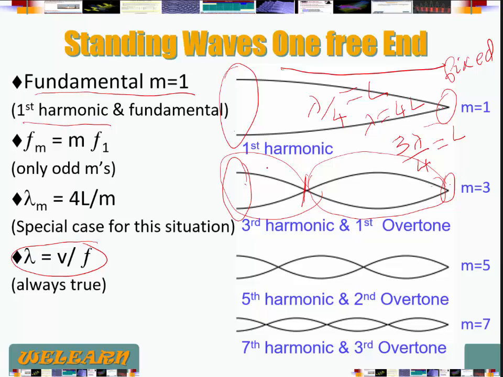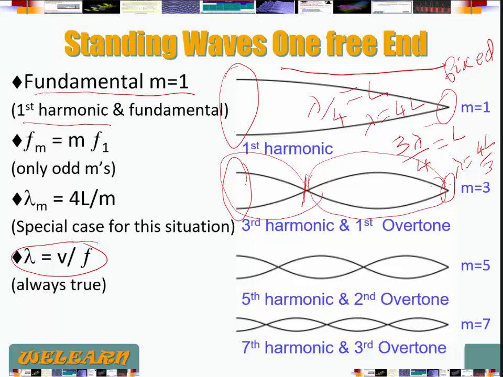And for the second mode, what we just have here, 3 lambda over 4 is equal to L, which leads to lambda is equal to 4L over 3. Let's use these in this equation. Remember what's the same in this equation. What's not going to change between the fundamental frequency and the next mode?